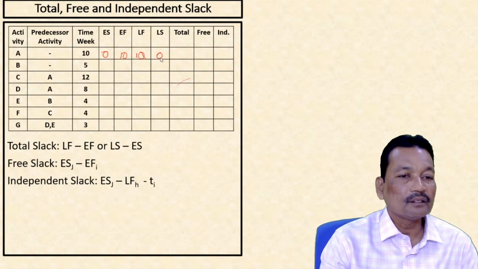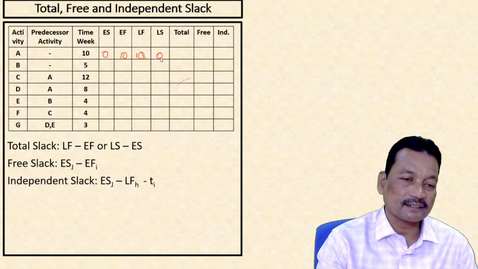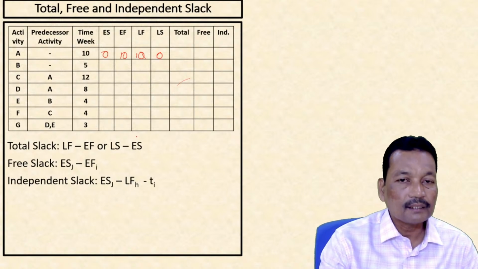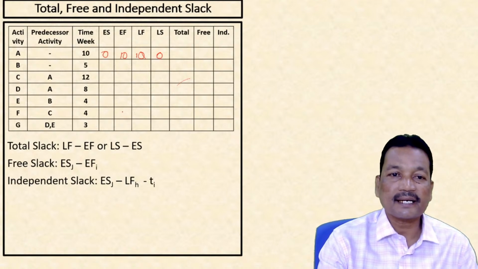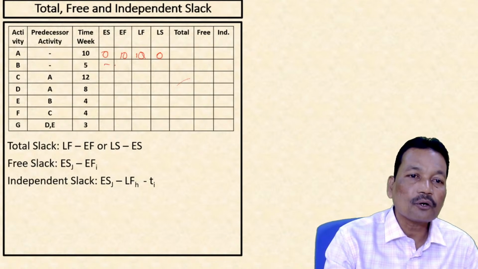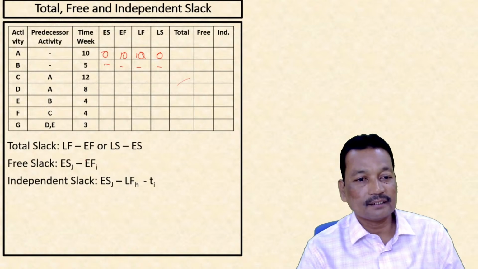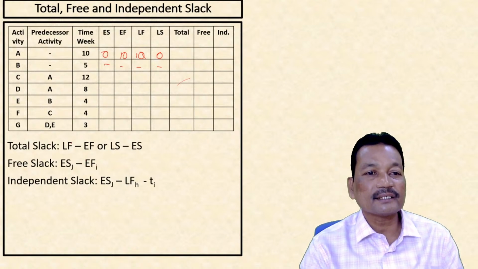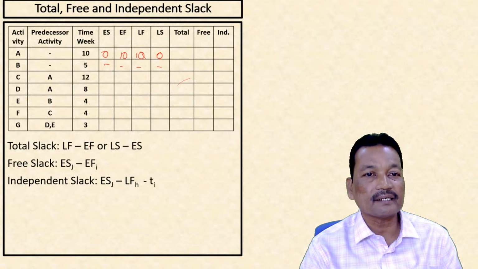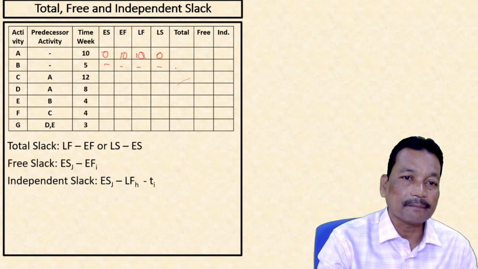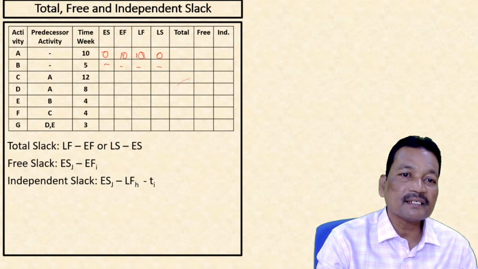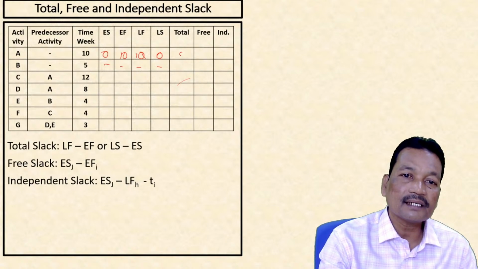Now we can have three different types of slacks: total slack, free slack, independent slack. Once I have all this information, my task will be easier. Total slack is equal to, immediately you can say, LF, latest finishing time, minus earliest finishing time. So it is 10 minus 10, here it is 0.